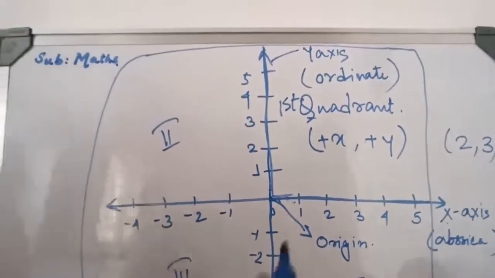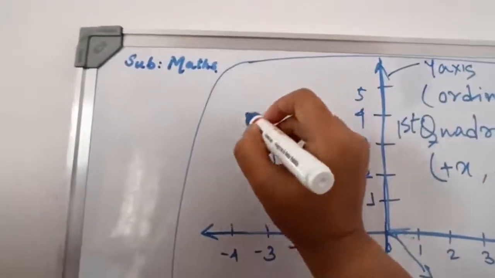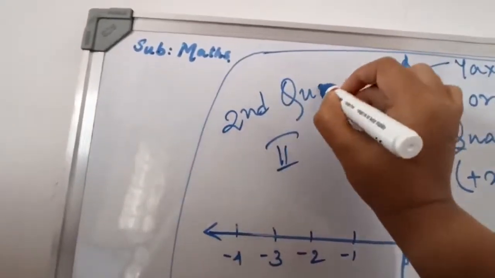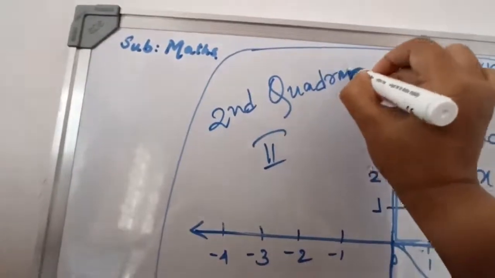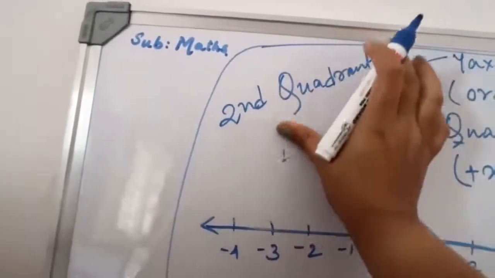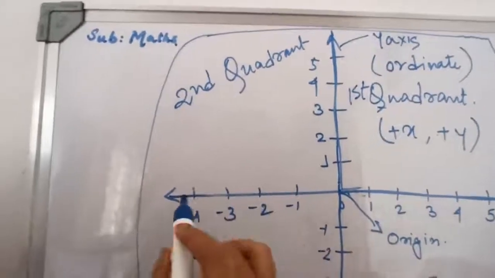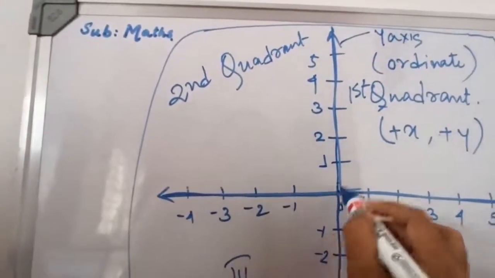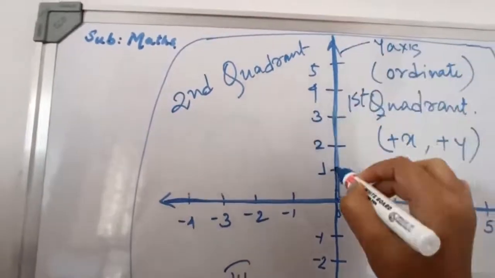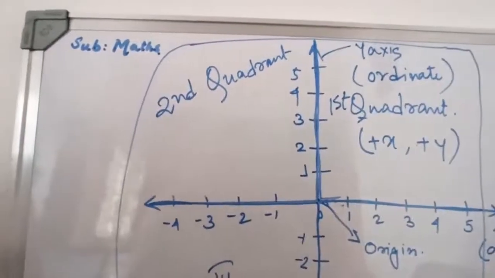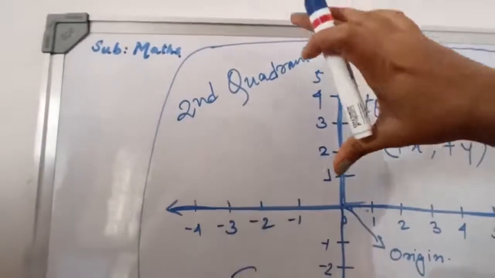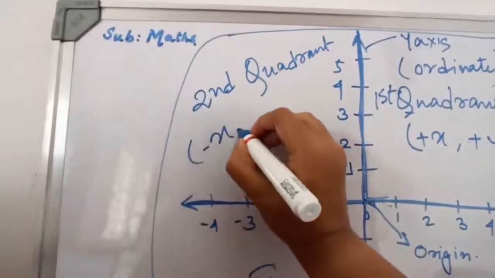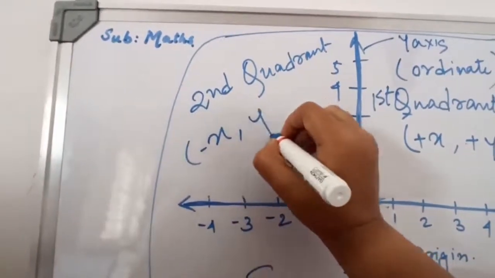Next, this is known as the second quadrant, and here you see this axis is negative. This is the negative of x, and this is the positive of y. So it's a combination of negative x, positive y.